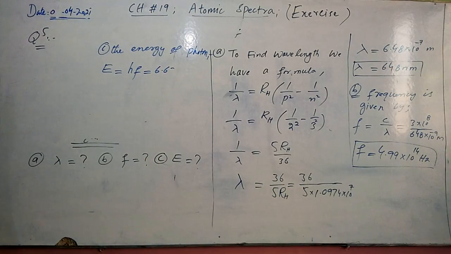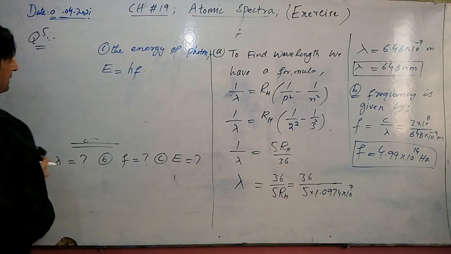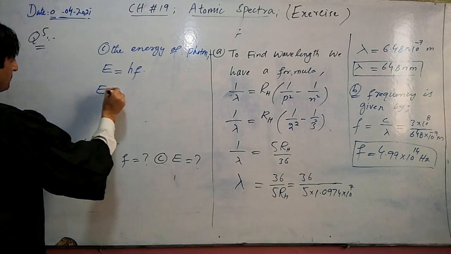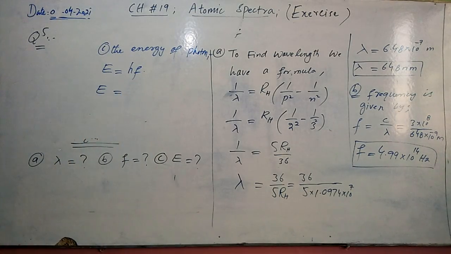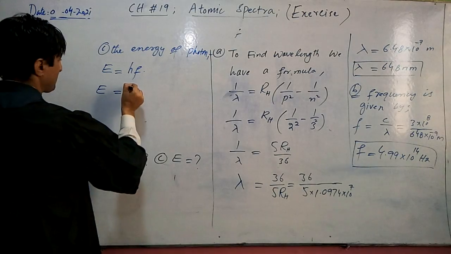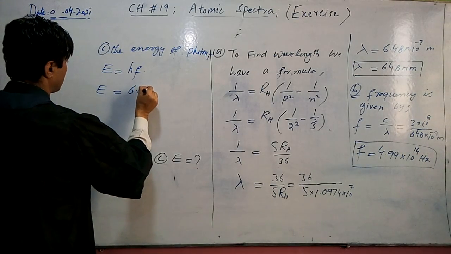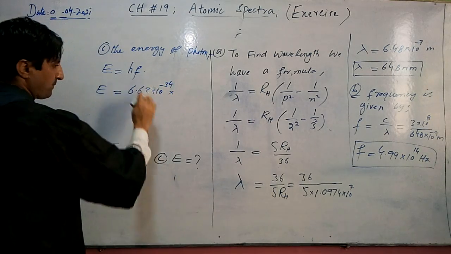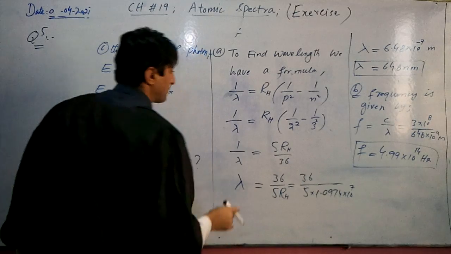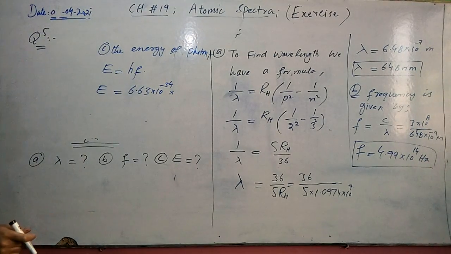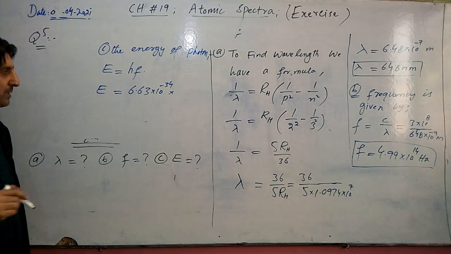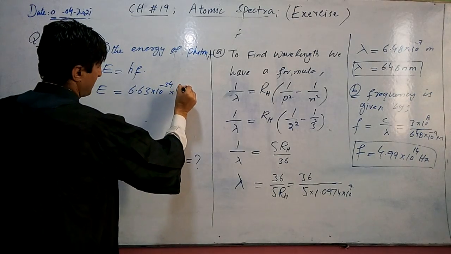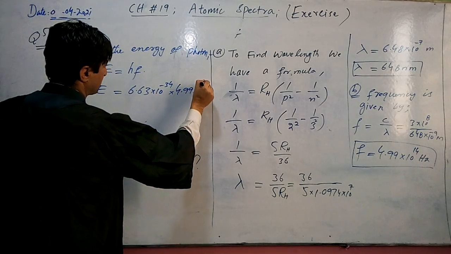And let me write it here. Energy of photon is equal to, what is the value of Planck's constant H? The value of Planck constant H is 6.63 multiplied 10 power minus 34. And what is the value of F? We have recently calculated the value of F, which is equal to 4.99 multiplied 10 power 14.